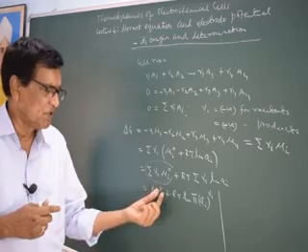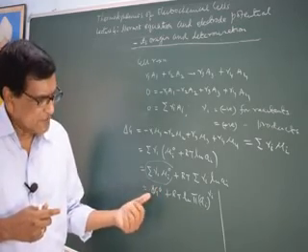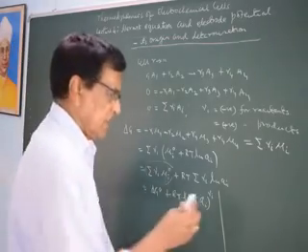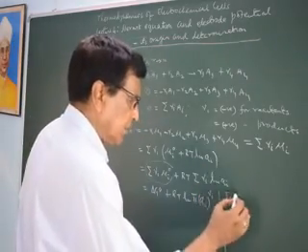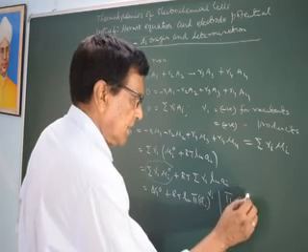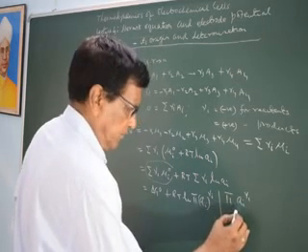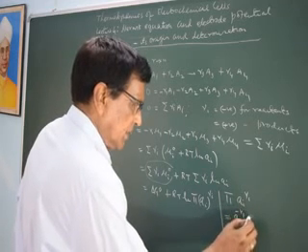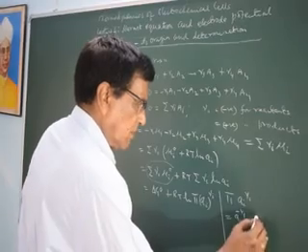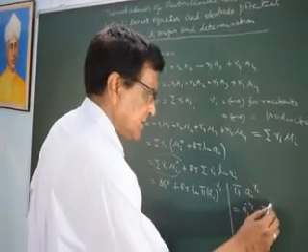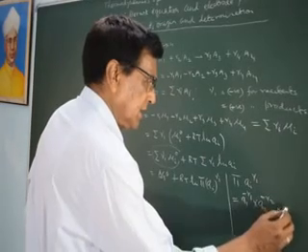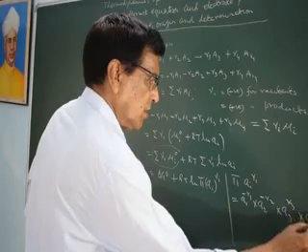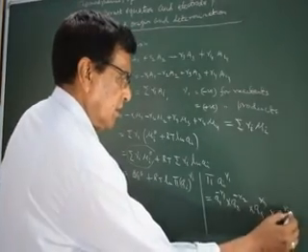Delta G naught is a characteristic property of this cell reaction at a given temperature, and this capital pi of AI to the power nu I equals A1 to the power minus nu1 into A2 to the power minus nu2 and A3 to the power nu3 and A4 to the power nu4.